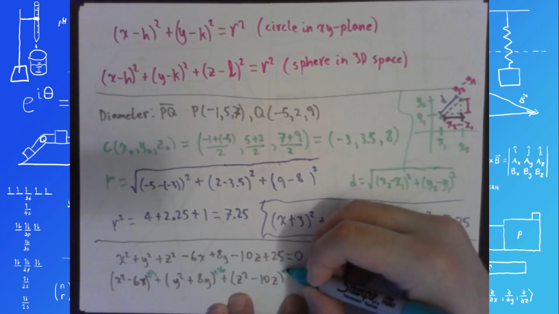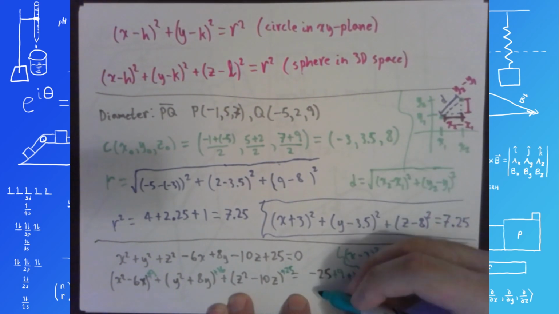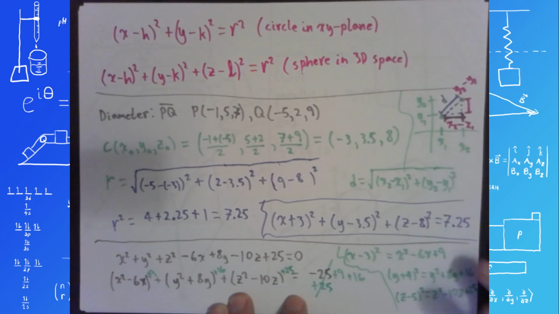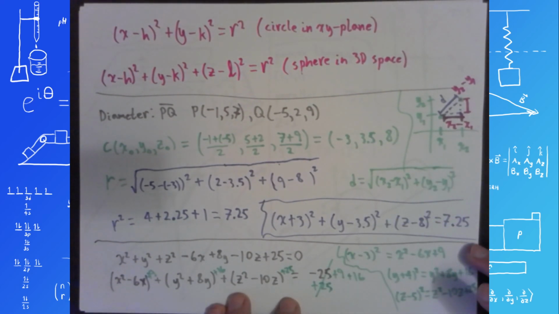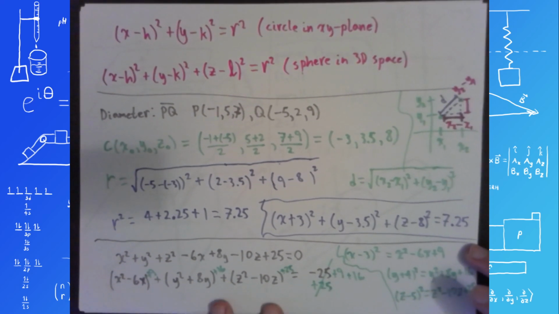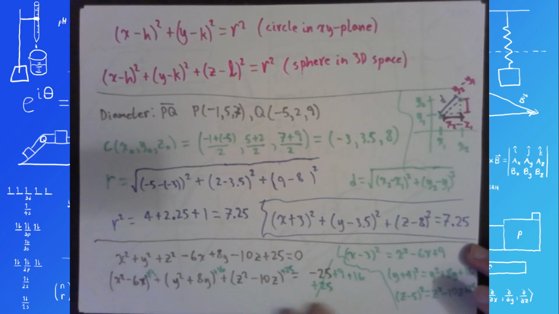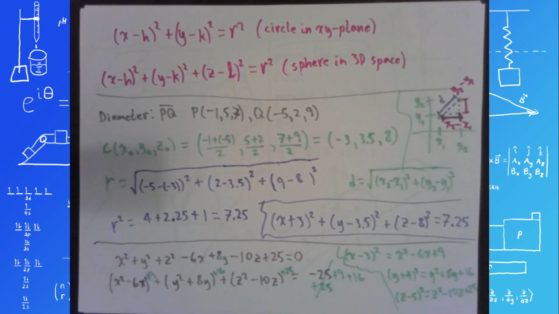So if I add 25 here, and I add 25 here, I'm just going to add it to the minus 25 that we already have to cancel out. And there we go. I'm left with 9 plus 16, which is 25. And that's nice. That means r squared is 25, which means r is a nice and clean 5. I was expecting some sort of weird radical that we couldn't simplify for the radius, but I'll take it. I'll take an integer value radius any day. It's just more pleasant to look at.